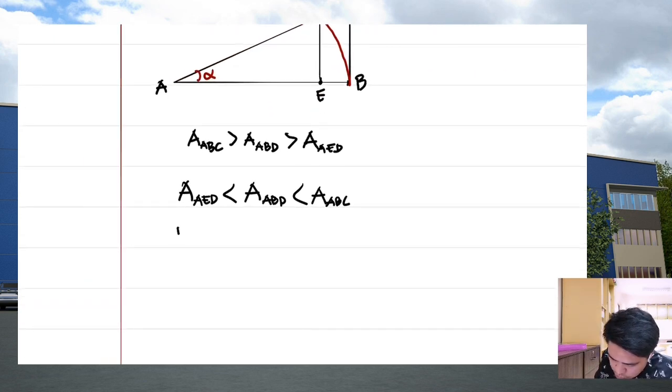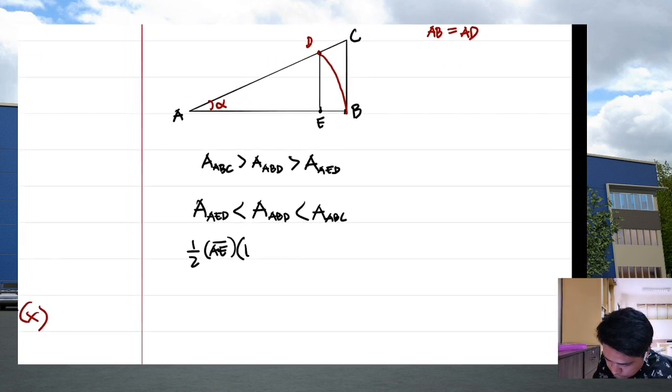So, that's 1/2 the length of AE times ED, or DE. Pero di naman, DE na lang. Ganon. Then that is less than the area of the sector.